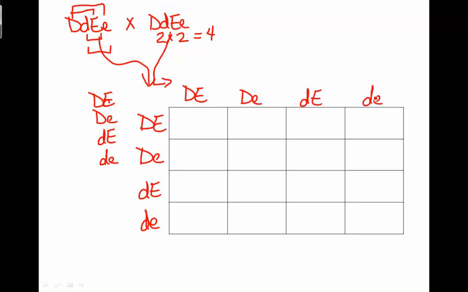And then it's just a matter of going through and actually filling in all of the boxes. It will take me a little bit of time to get them all filled in for you.